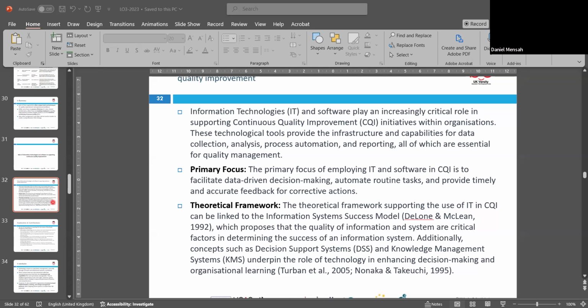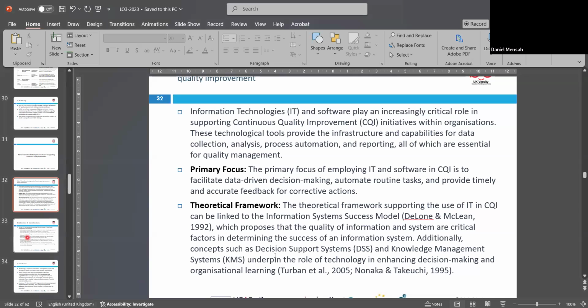So it enhances decision making and supports continuous learning for quality improvement. Your organization's learning or employees' learning is also very important for quality improvement and the productivity of the organization. This is how we can link the knowledge management system.